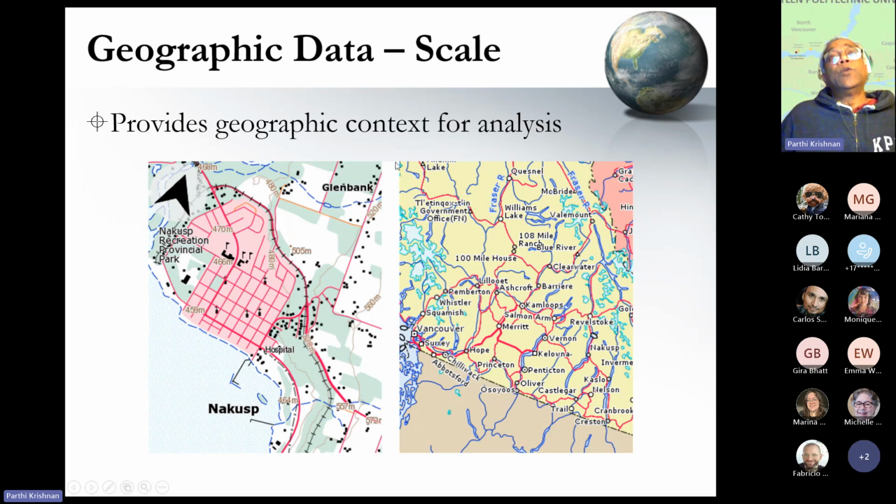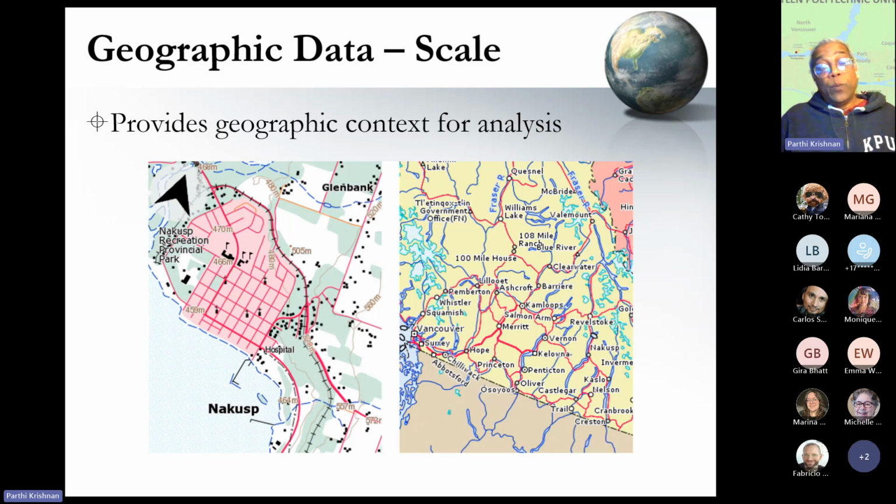Whereas in the small scale map that we have here, the cusp is seen as a small little dot in the southeast, or bottom right corner, of British Columbia. So what I'm trying to make you understand is that scale is important when we deal with the phenomena that we are interested in.